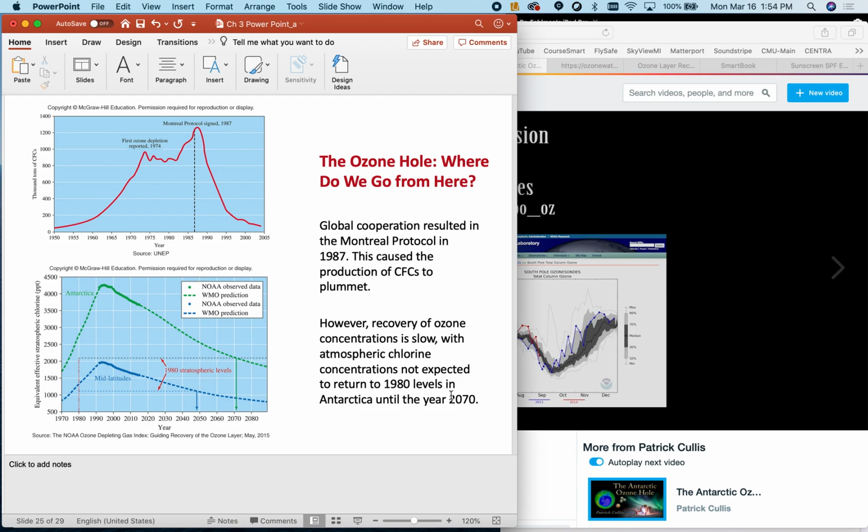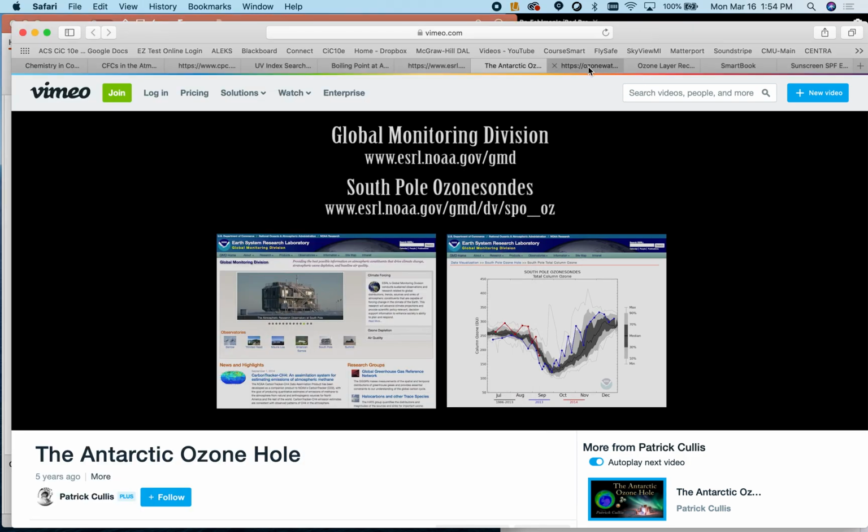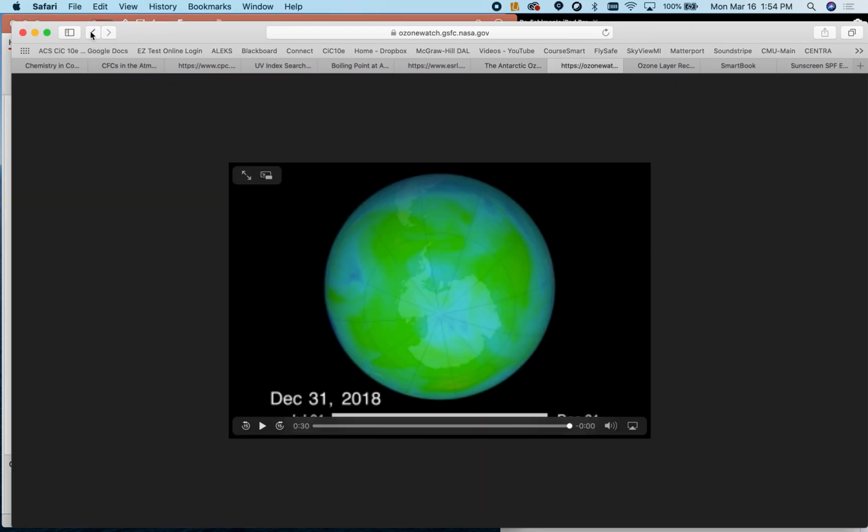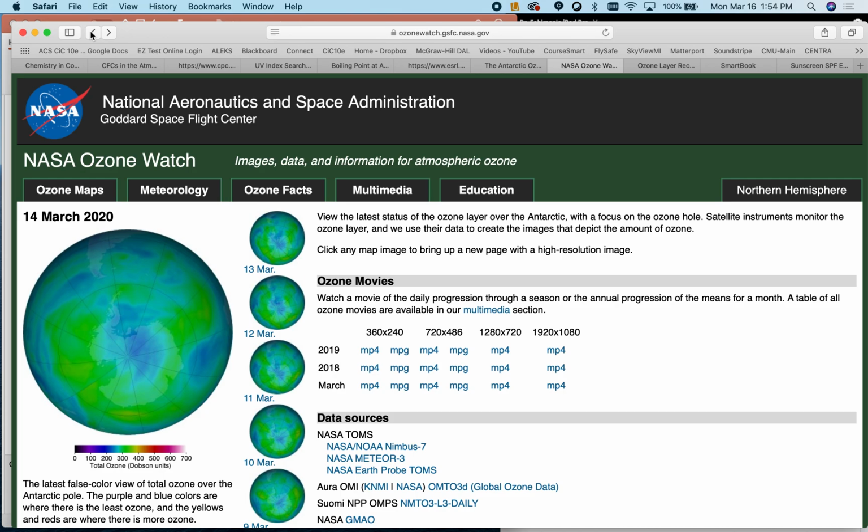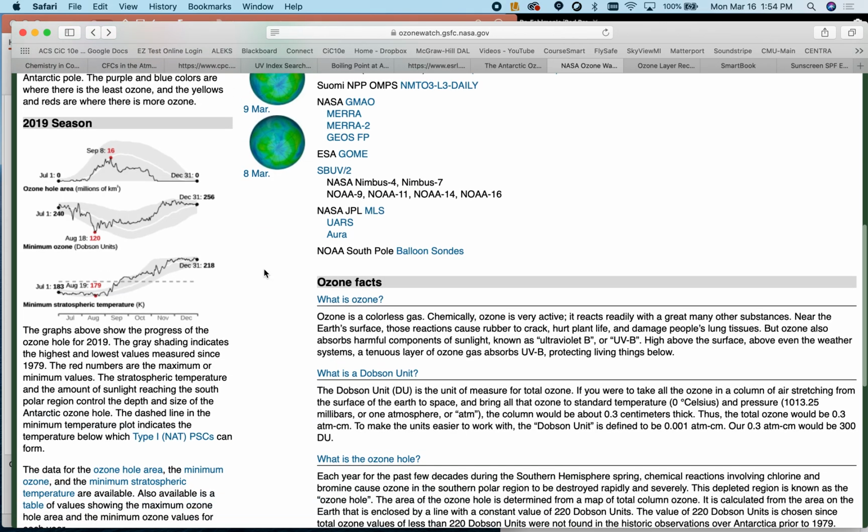So it's going to take a long time. We still have all these CFCs in the upper atmosphere that are still causing these holes. But what you notice in the Ozone Watch is that it's going a lot slower than what people even imagined or calculated.